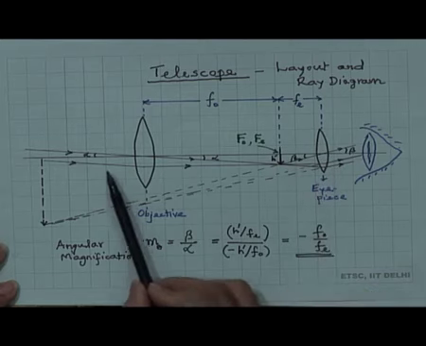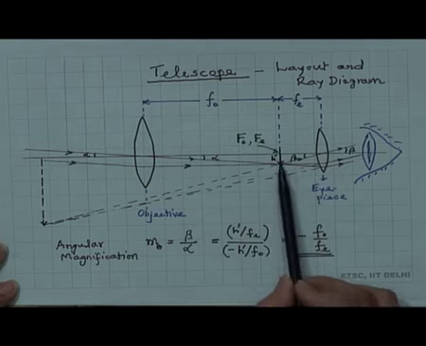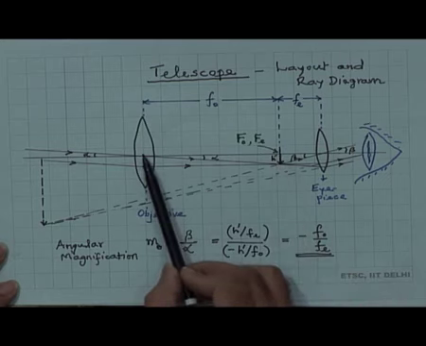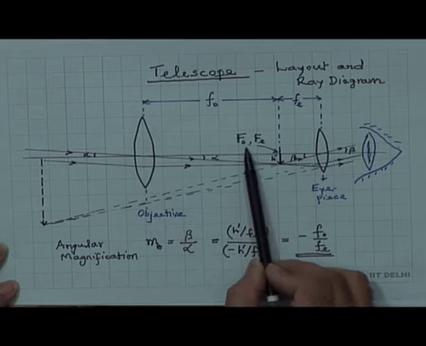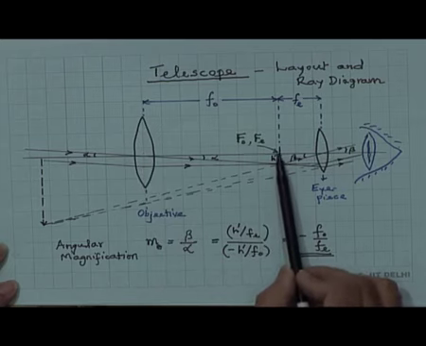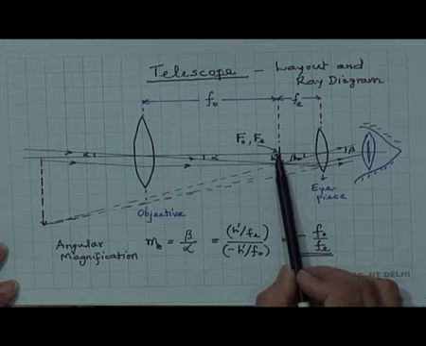In this case, since the actual real, inverted image is also formed at the focus of the objective lens, we have F_O and F_E almost coinciding at the same position.